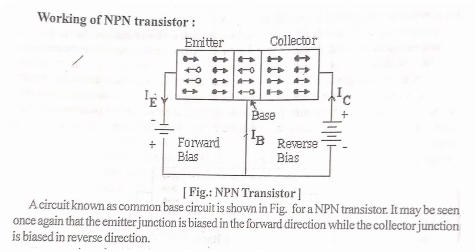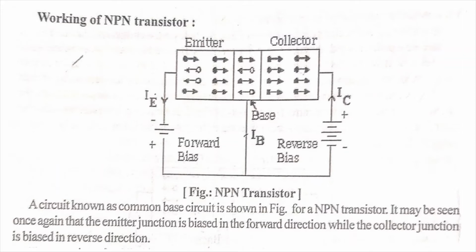Also in this case, too, as in the case of PNP junction transistor, the collector current is always less than the emitter current, because of the recombination of the holes and electrons occurring in the base region, and the current gain is less than unity.